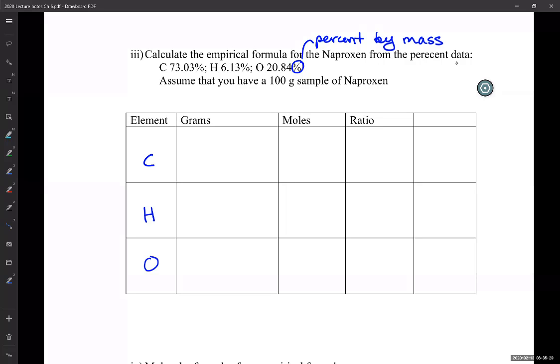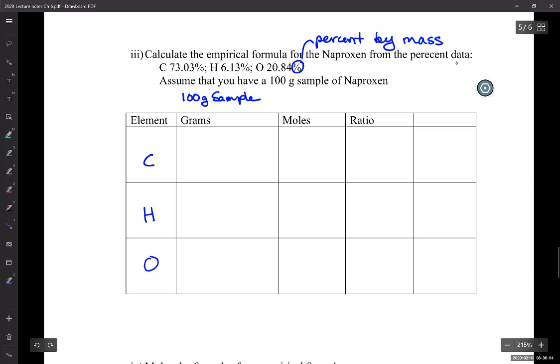And for the grams, what I'm going to do is this. I'm going to assume that I have 100 grams of naproxen. If I have a 100 gram sample, how many grams of carbon would there be? Well, if it's 73.03% per 100 of carbon, then it's 73.03 grams of carbon.